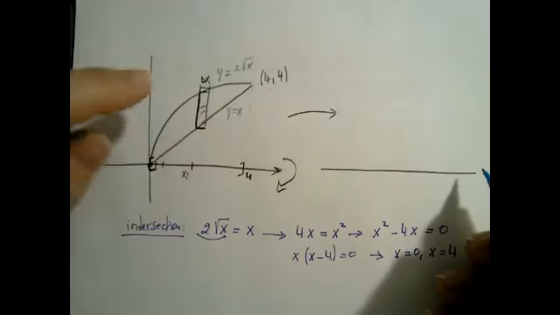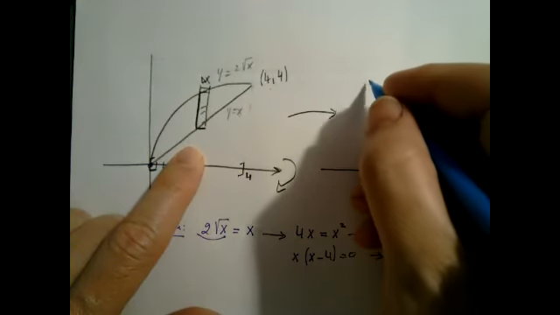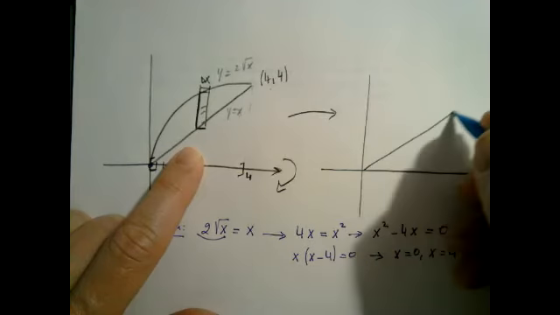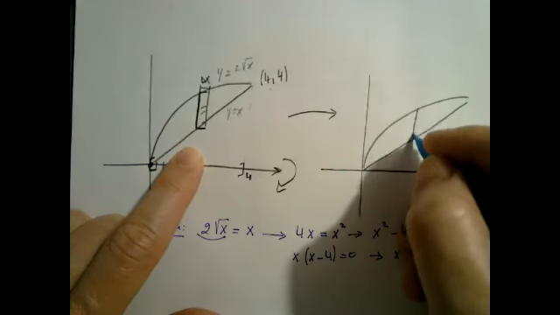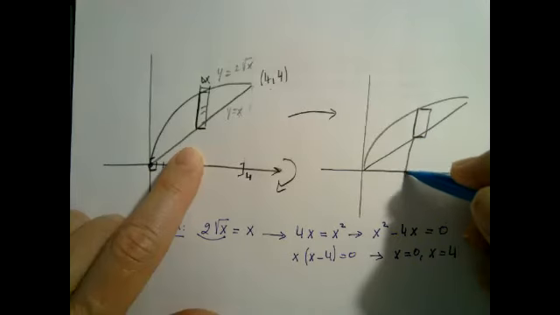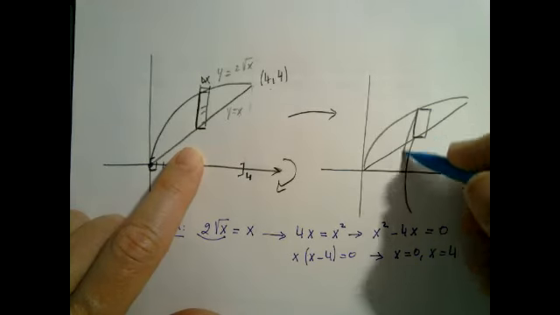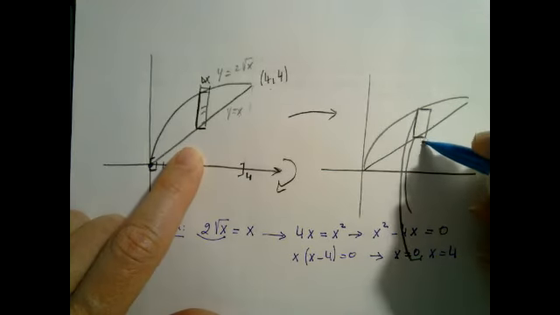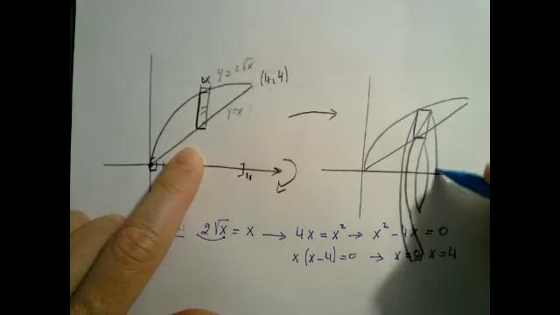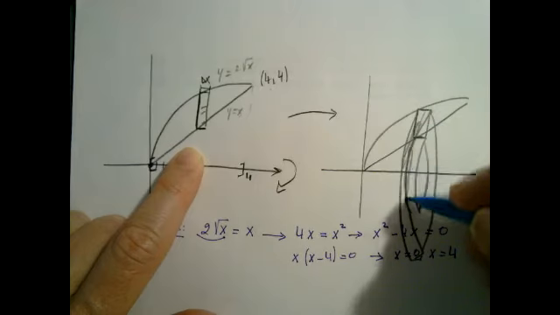I leave this graph for labeling. This is my little picture, and this is the one I'm going to rotate. I'm going to get something like that. That's my washer.